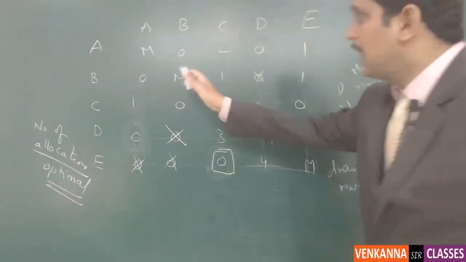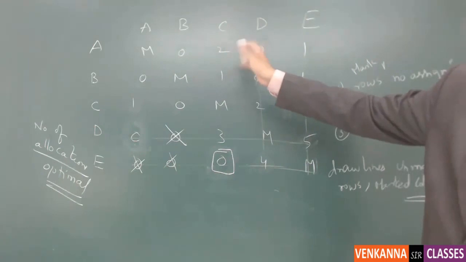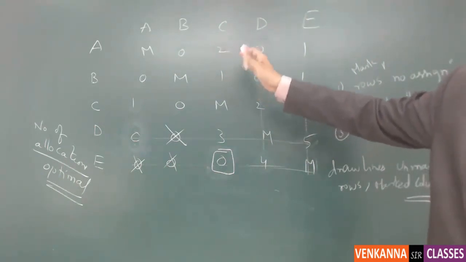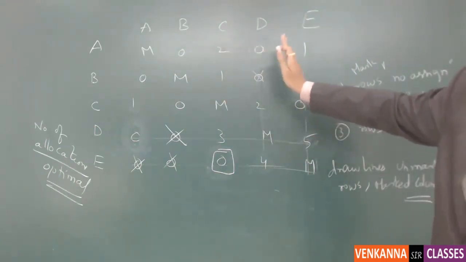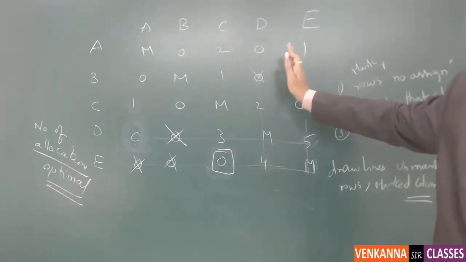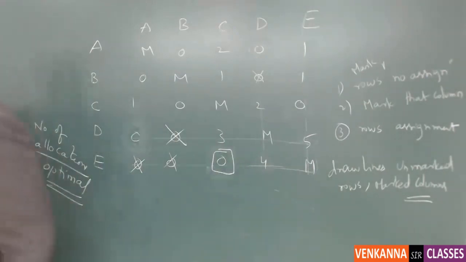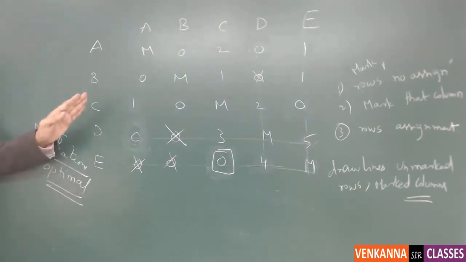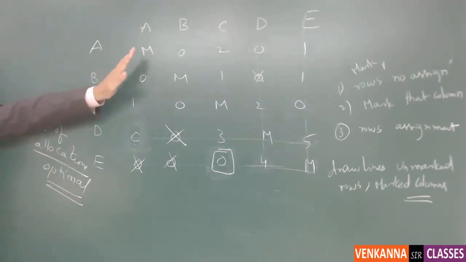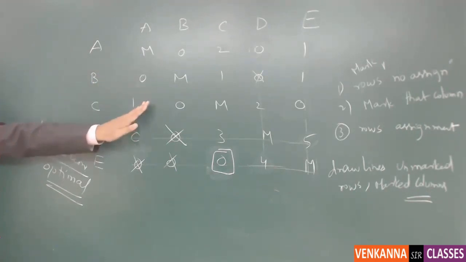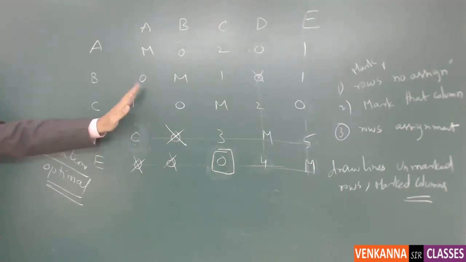And whenever you have 2 zeros there, you can choose one arbitrarily, because an assignment problem will have multiple solutions. That we need to know. So let us go with your assignment. What is your assignment done there after doing this from your side? So we can check the multiple solutions obtained there.